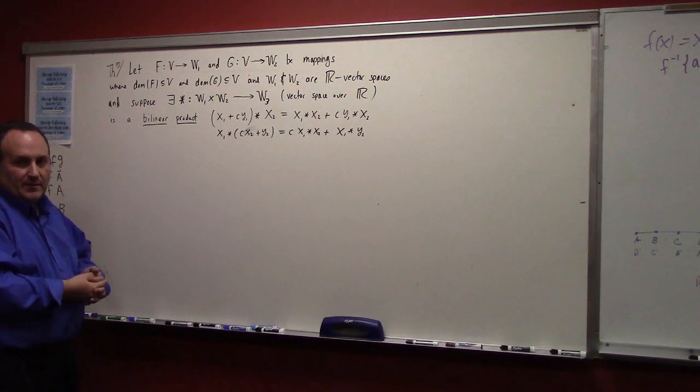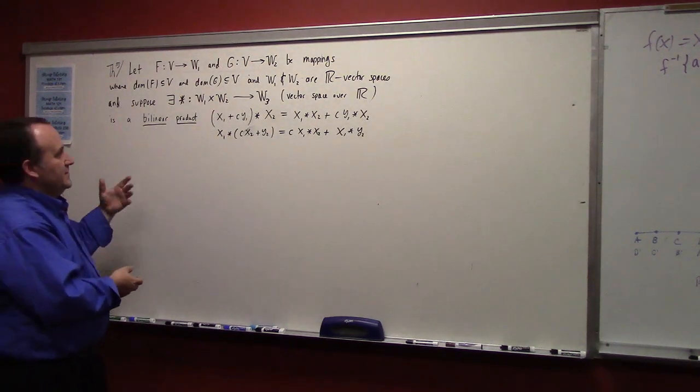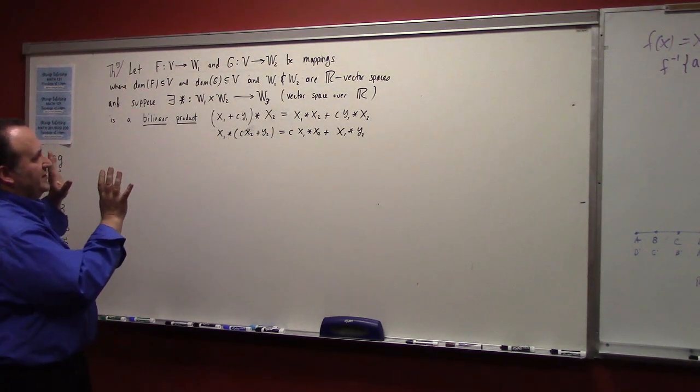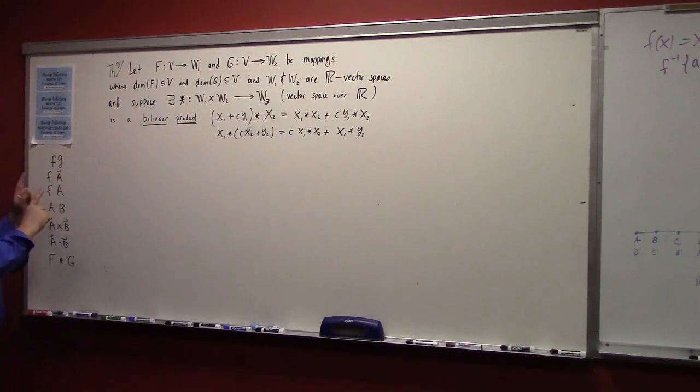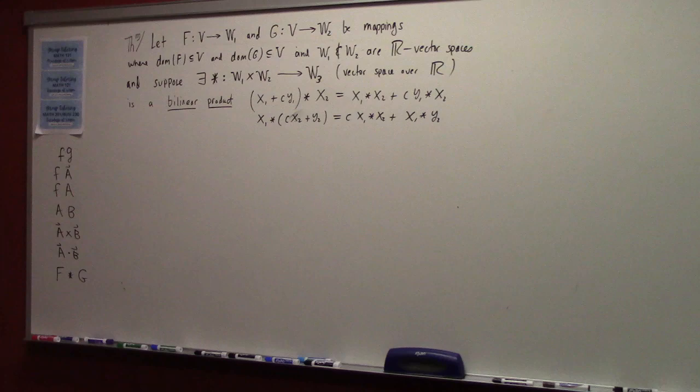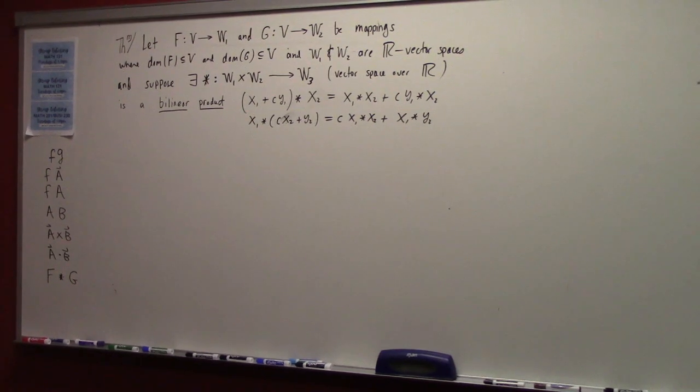Things like that. But my point to you is that this algebraic structure is shared by all of these products. The scalar multiplication, just multiplication of real valued functions, scalar multiplication of a vector valued function, all these examples, they all share this bilinearity. All right?